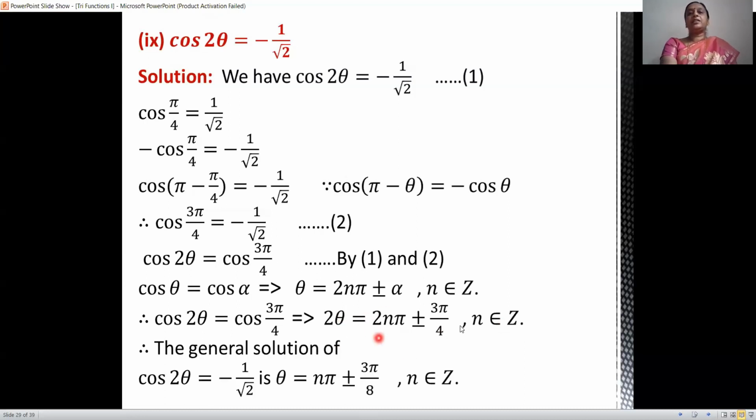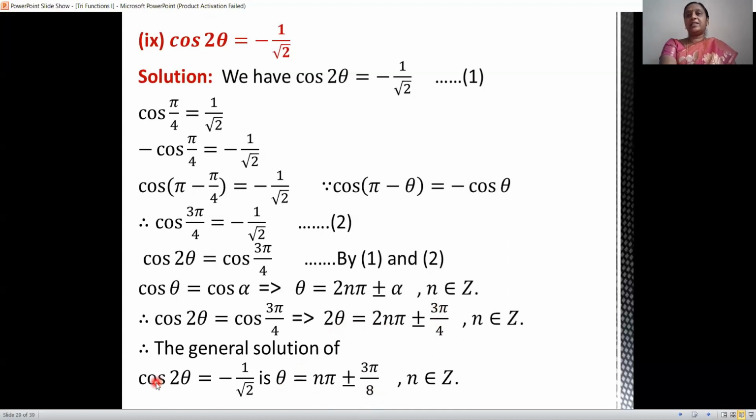In the next step, you have to divide the whole equation by 2, because in the general solution, the left hand side should contain only theta. That is, the coefficient of theta should always be 1. Therefore, in this equation, I have divided the whole equation by 2, and after dividing, I have got theta is equal to n pi plus minus 3 pi by 8.